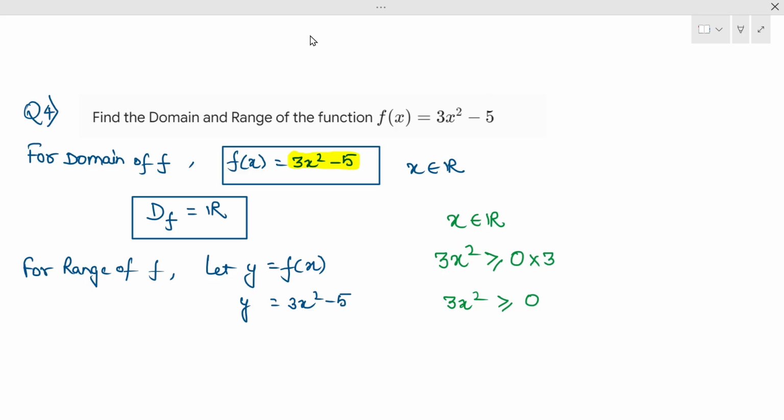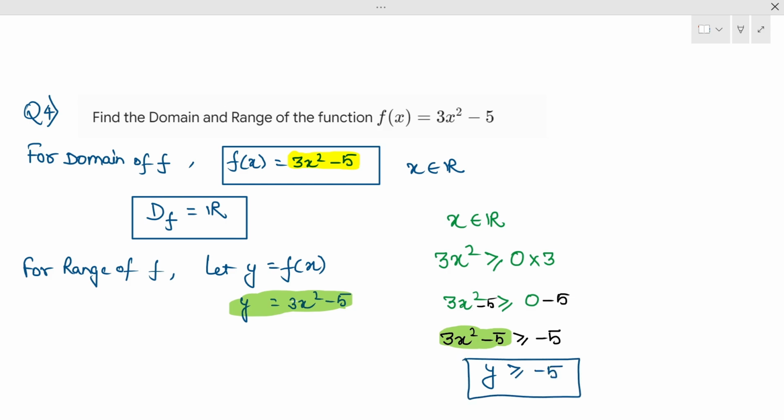Now if I subtract 5 from both sides, it will be 3x square minus 5 is greater than or equal to minus 5. Now 3x square minus 5 is equal to y, which means y should be greater than or equal to minus 5, right?